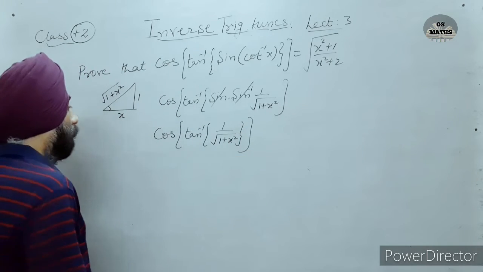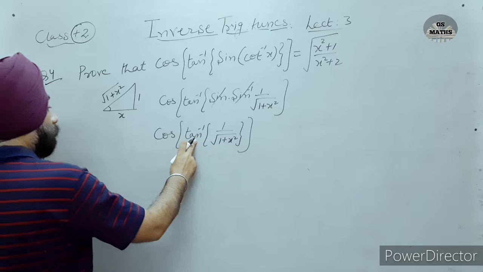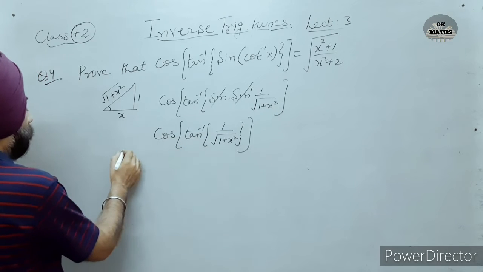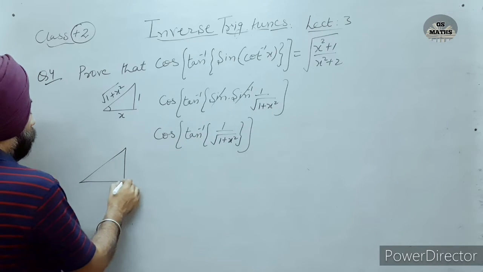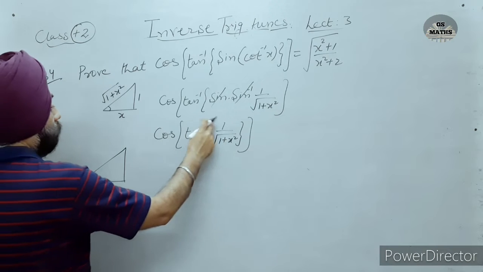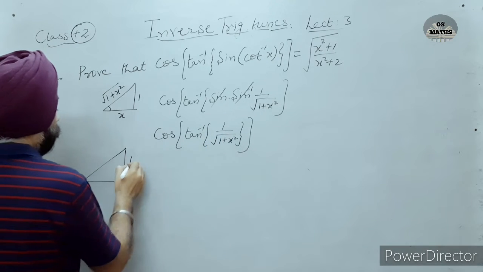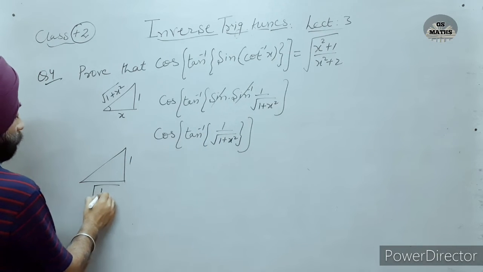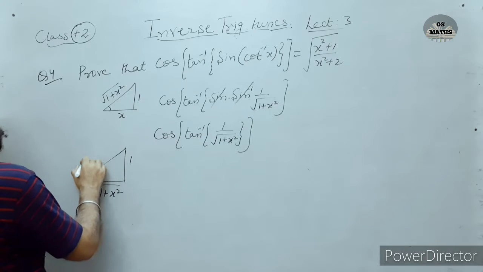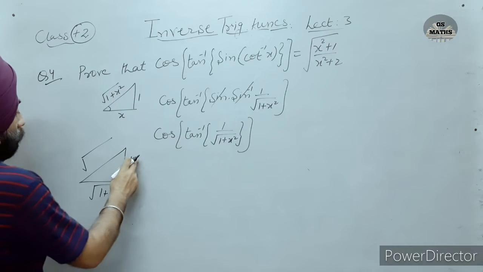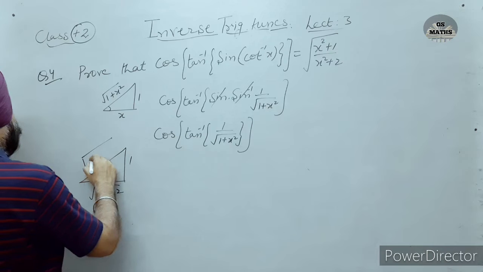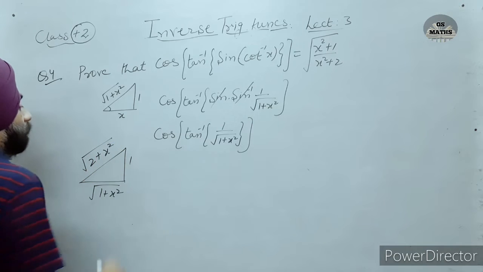Now I have to change this into cos inverse. Again solve the right angle triangle. This is tan inverse of perpendicular upon base. So this hypotenuse comes out to be under root of 1 square plus this square, it is 2 plus x square.